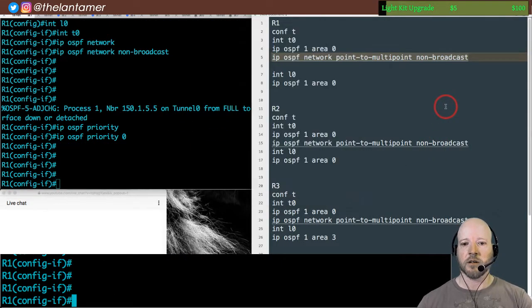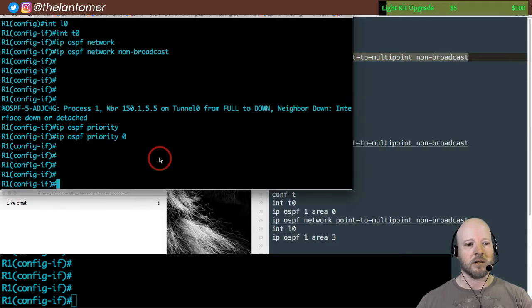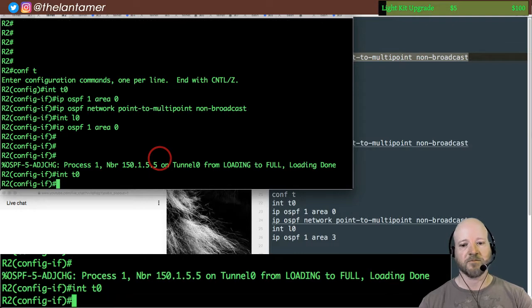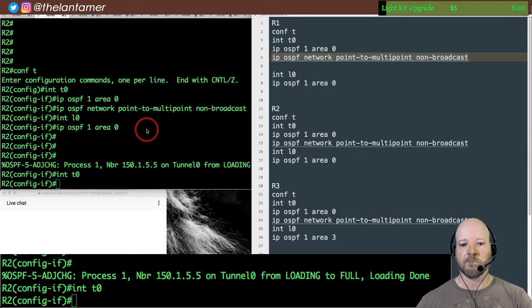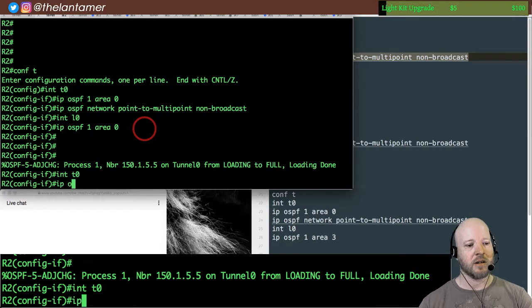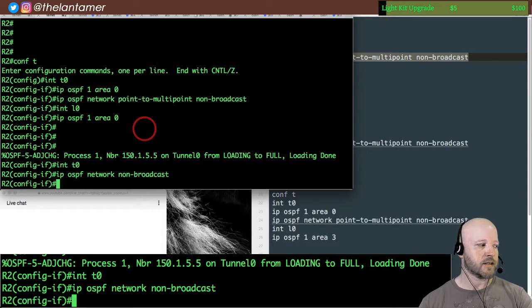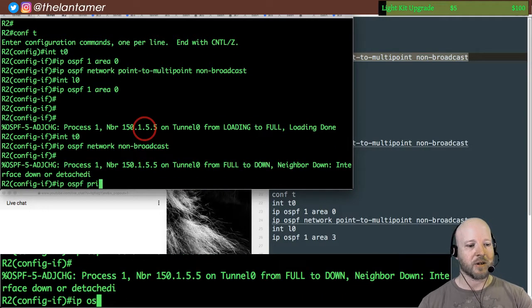Okay. So let's go back. Router 2, interface tunnel 0, IP OSPF network non-broadcast. Obviously, I need to study this some more. IP OSPF priority 0.